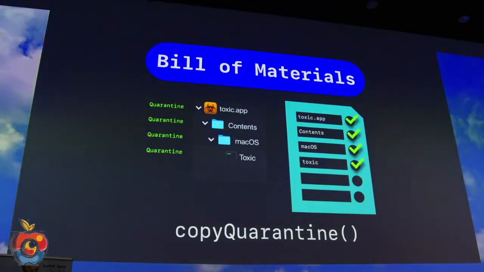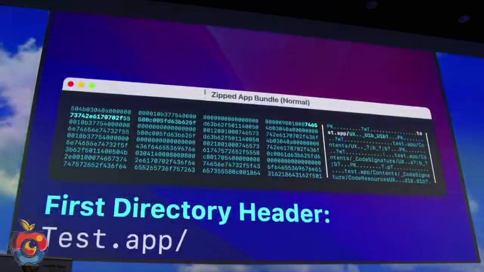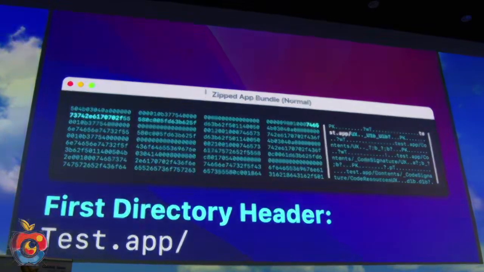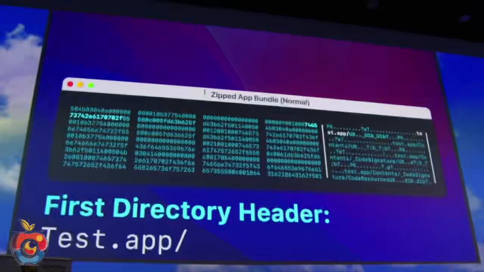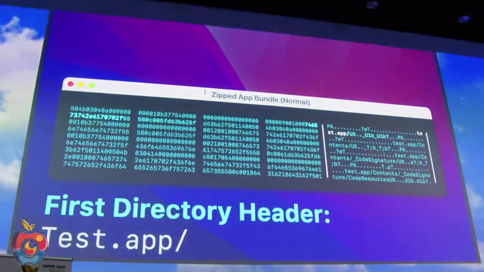But one big thing we noticed when analyzing a normal application in a hex editor is that the first zip file header starts at the root application directory, as you might expect, test.app in this case. So the quarantine attribute would always be applied as expected. In other words, Gatekeeper would always show up, and everything would work as it should.